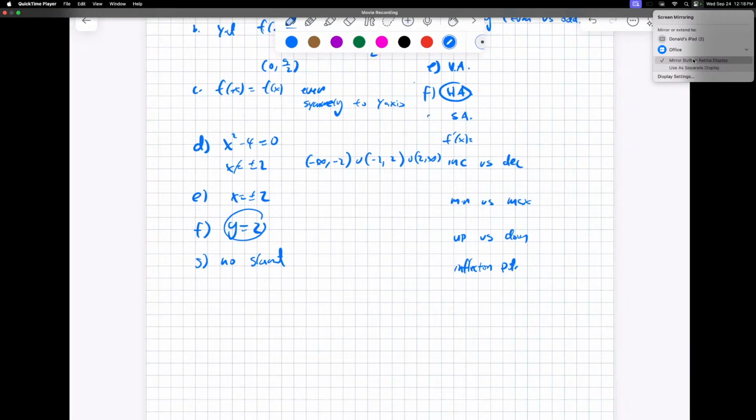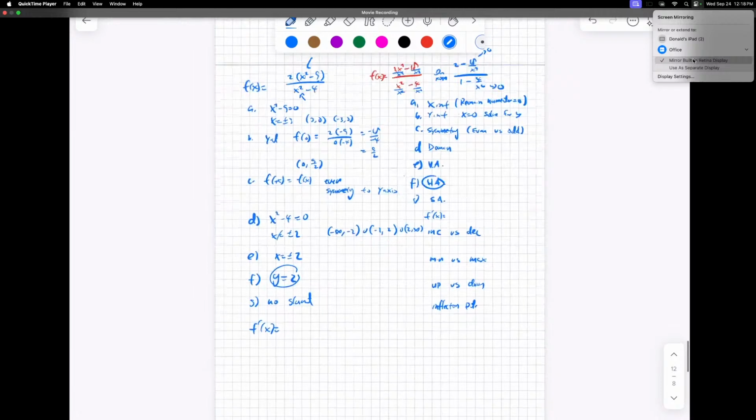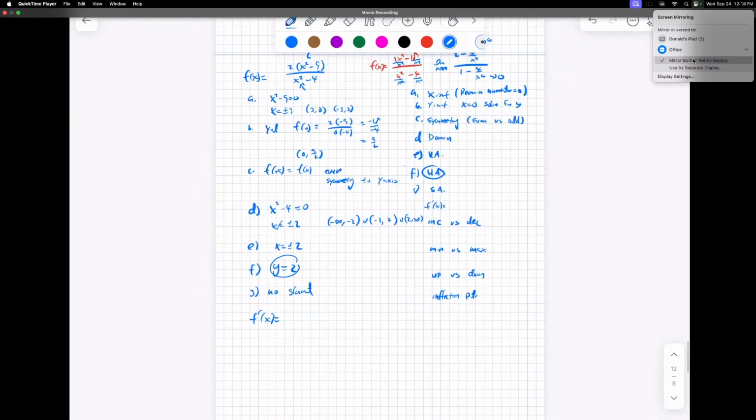So ABCD of G, f prime of x. Can you guys all take a derivative of this function? I don't want to do it. Fine, I'll do it. Low D high minus high D low, all over low low.